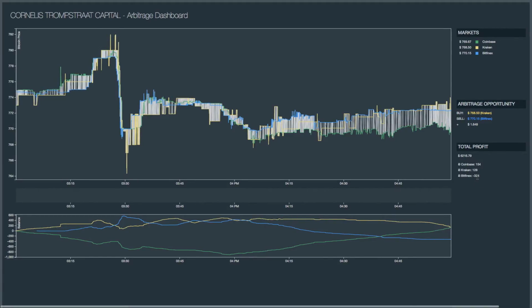Since numbers are not always straightforward to see what's going on, we created this balance chart. So you can think of it as your wallet. Let's consider the green line, which is Coinbase. We buy way more Bitcoins at Coinbase than we do at Kraken, and as a result we spend US dollars, so it creates a debt.